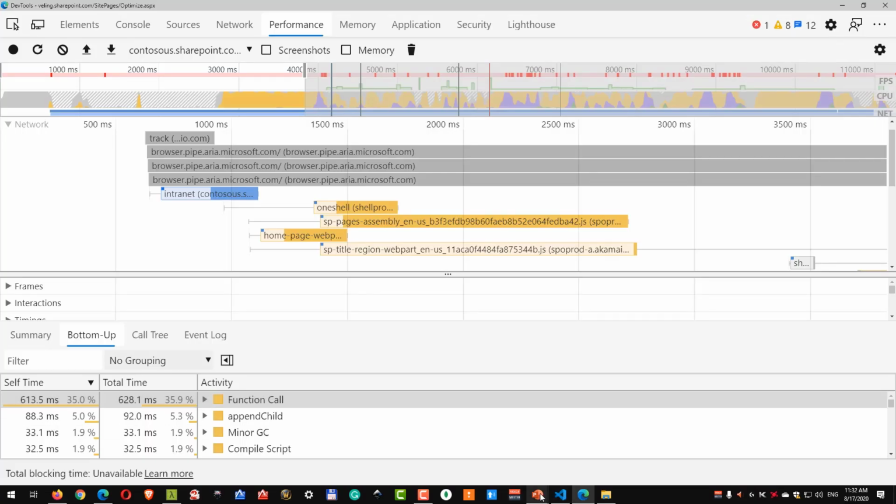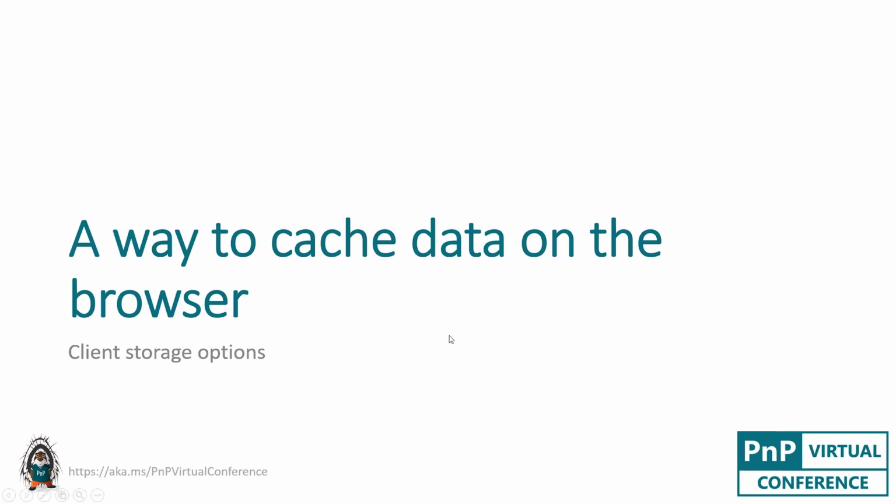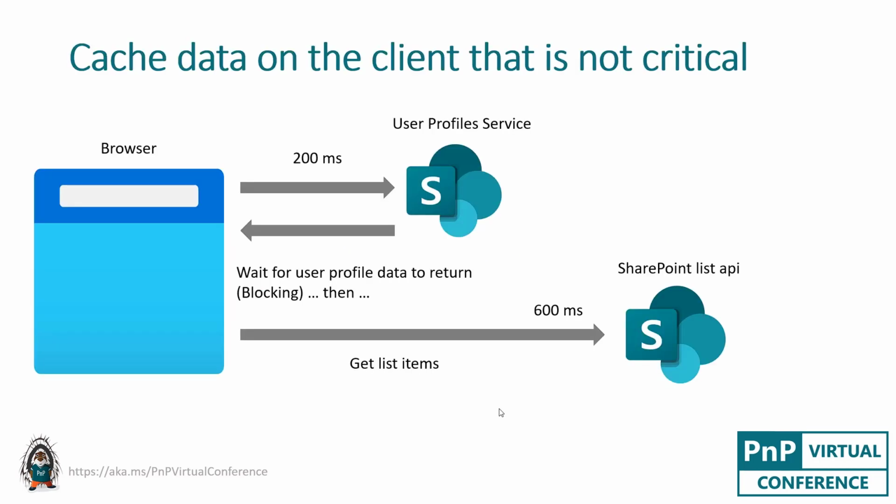Another way to improve performance and experience is by caching some stuff on the browser. And there are different ways to cache on the browser. What do I mean? Here is our scenario, and our scenario was very simple. We had to load content based on user profile data.